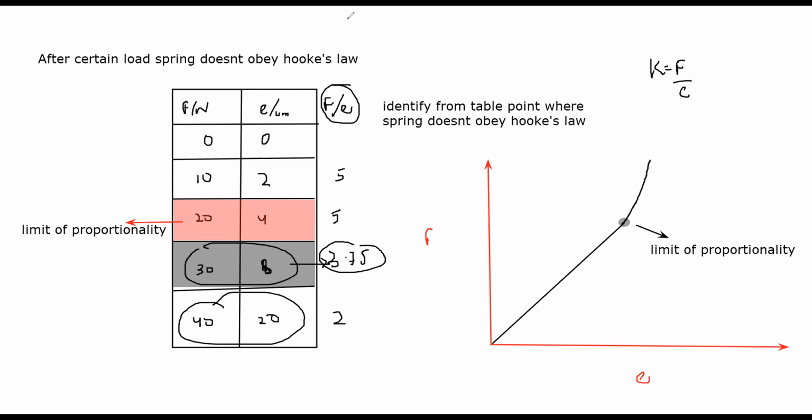This also does not obey Hooke's law. Because initially it is obeying Hooke's law, but there will be a point after that where it will not obey Hooke's law. Is it clear?